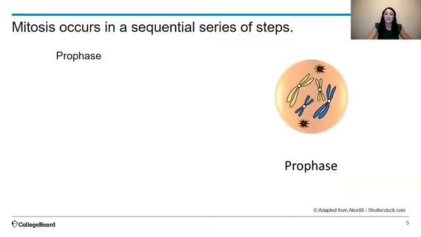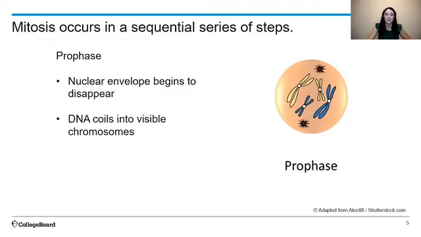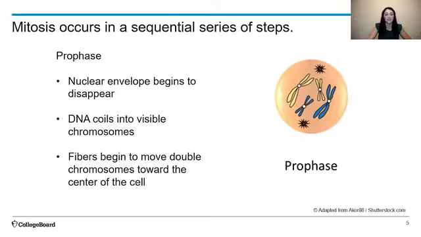So mitosis occurs in a sequential series of steps, and the first step is prophase. In prophase, the nuclear envelope begins to disappear. As you can see in our image, it has disappeared at this point. The DNA coils into visible chromosomes that look like this X shape in the image.